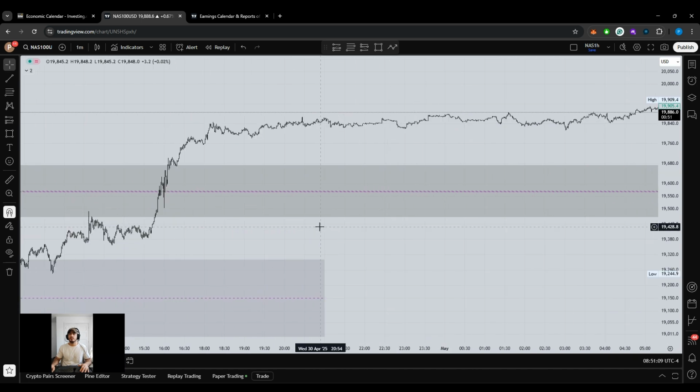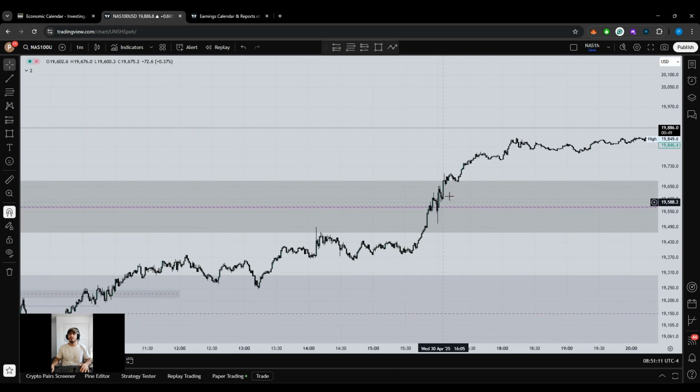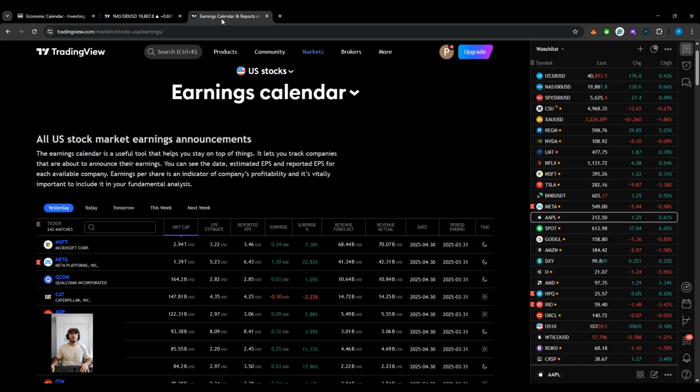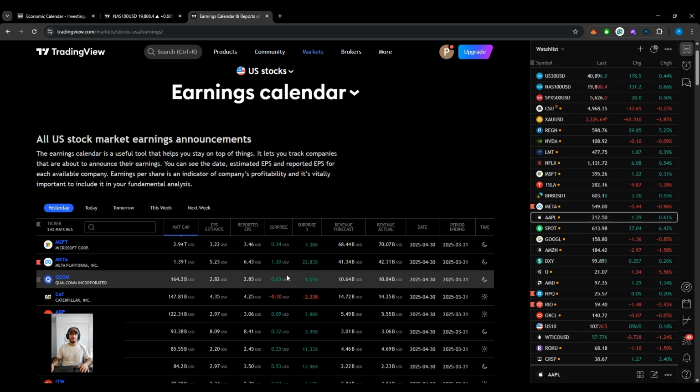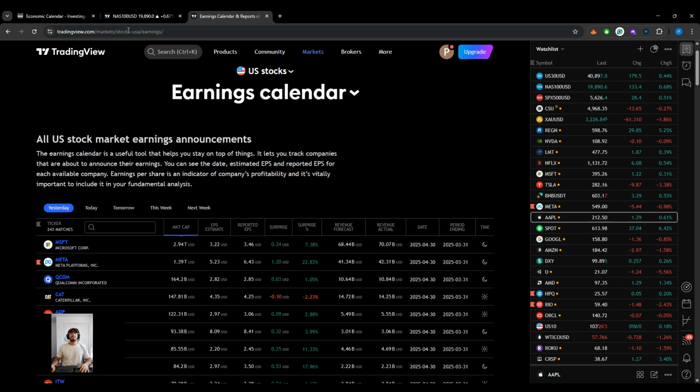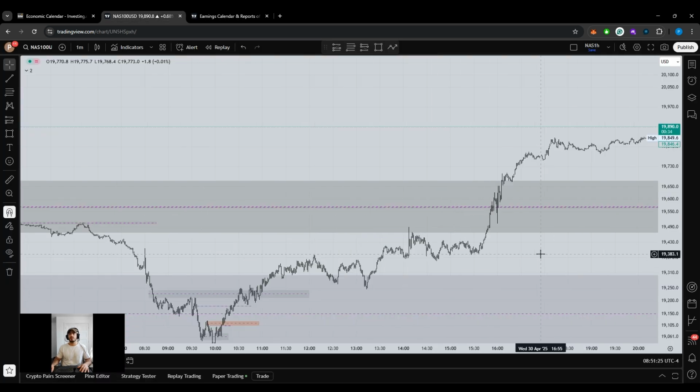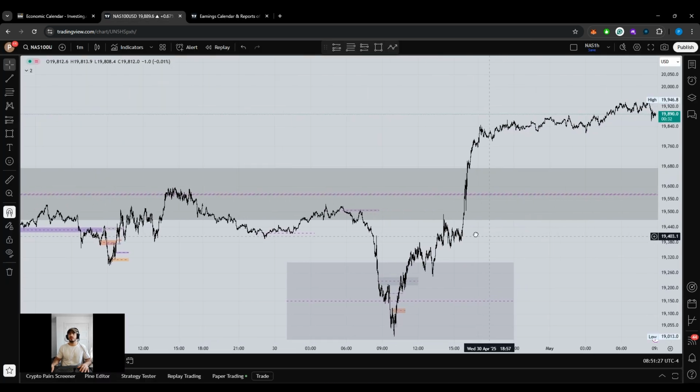And this drive late in the afternoon was earnings. Microsoft beat by 7.38%, Meta beat by 22.83%, and Qualcomm by 1%. So it was a pretty good afternoon session for stocks.